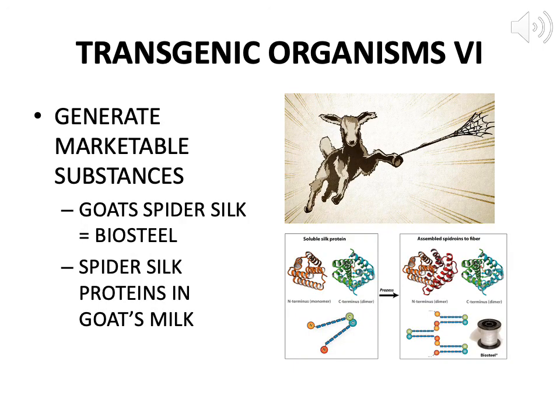I had already mentioned the web spinning goat as an example of a way to generate a marketable substance, and so this particular slide documents that. And once again, you could go ahead and Google web spinning goats. The product I had understood was called BioSteel, but in a Google search, that wasn't giving me any results, although I didn't really look very carefully.